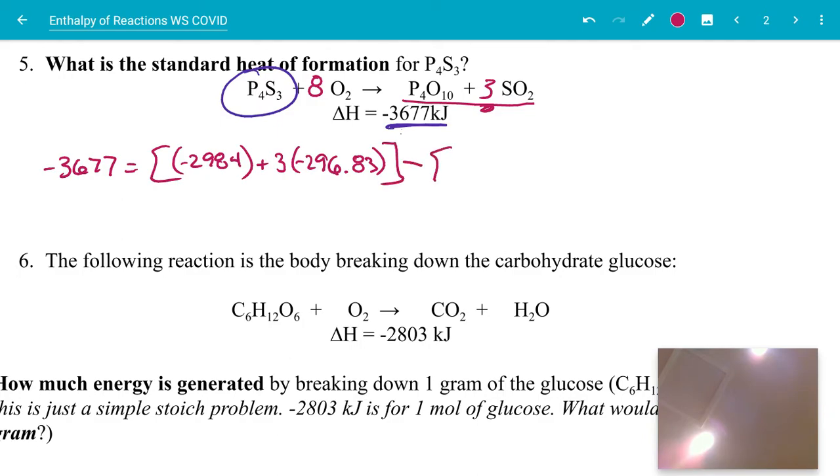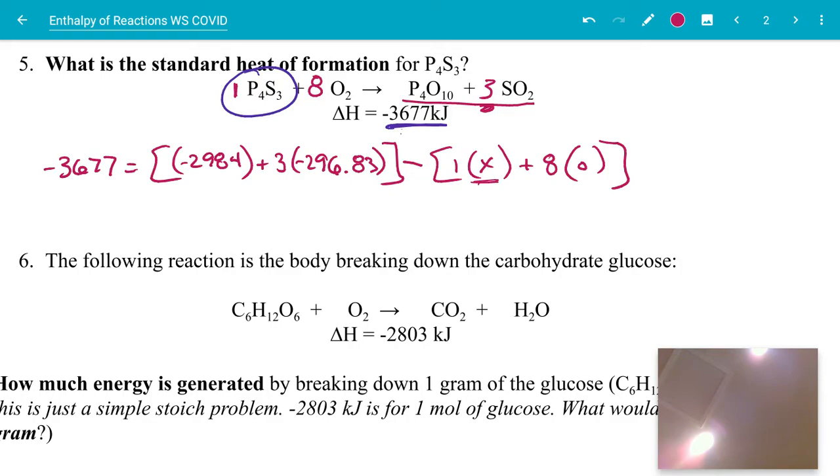We're going to subtract our reactants. That would be just a 1x because it's just a 1 in front of the P4S3. Plus, and then we have 8, and conveniently again, oxygens are 0 because they are an element, so we can basically ignore them. So now we set up this equation to solve for x.